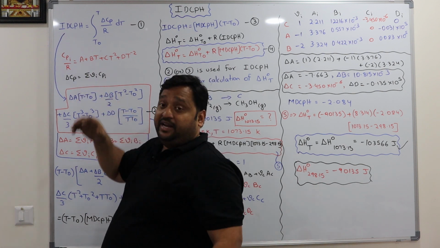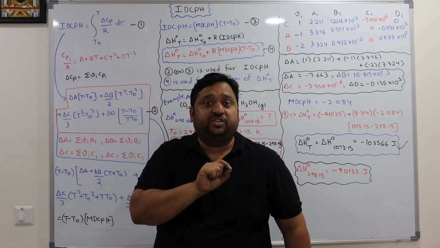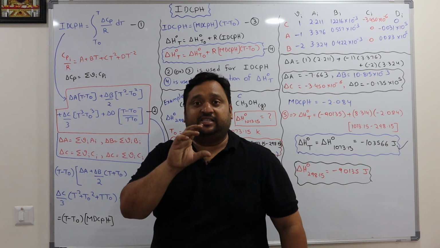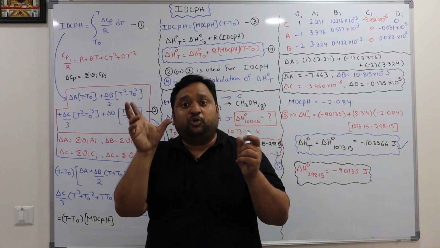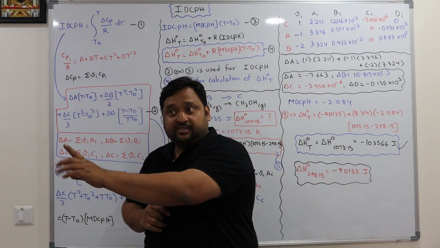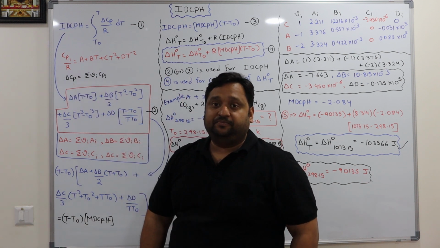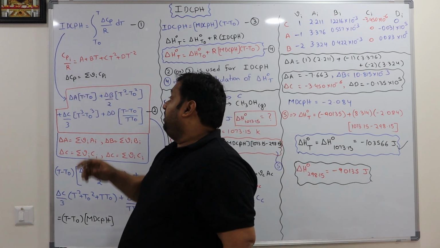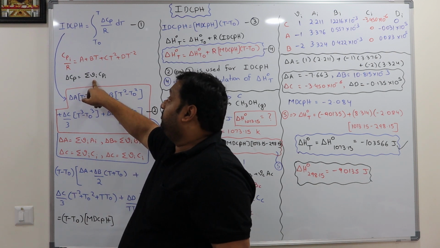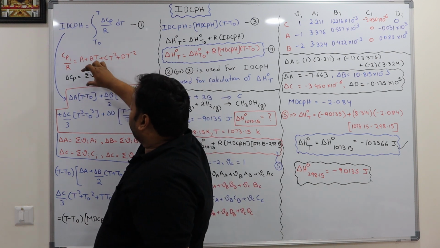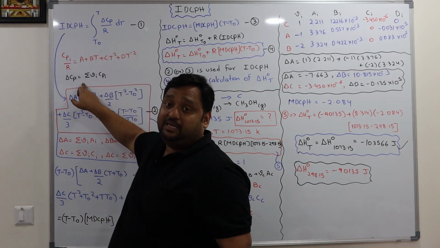Vi denotes the stoichiometric coefficient of that particular reactant or product. The summation of all of them is nothing but del Cp. If you know the Cp and the Vi, the stoichiometric coefficient, you substitute in this sigma term and you get del Cp.